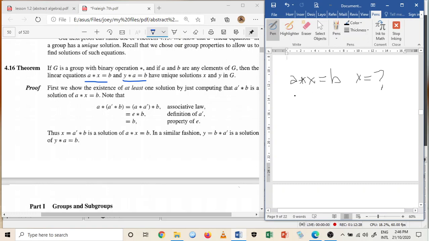Now, if we operate both sides by A inverse, there at the left side.